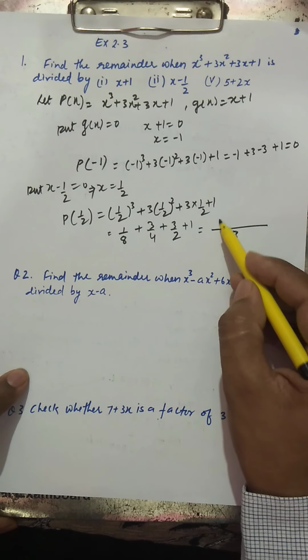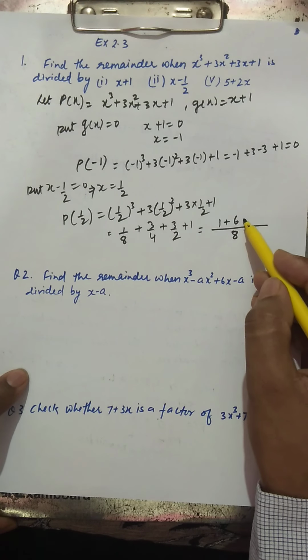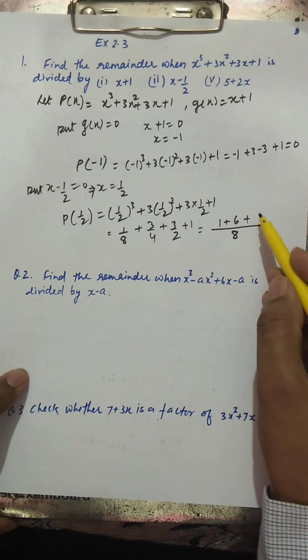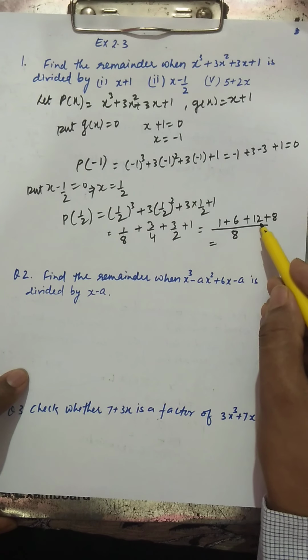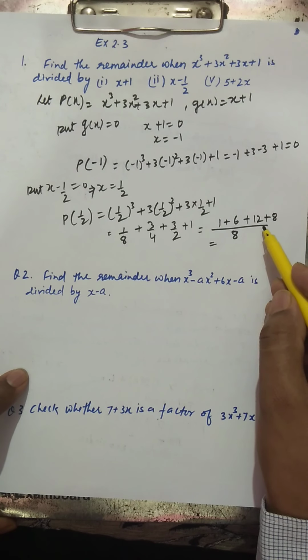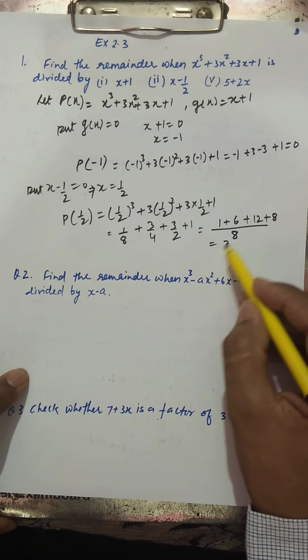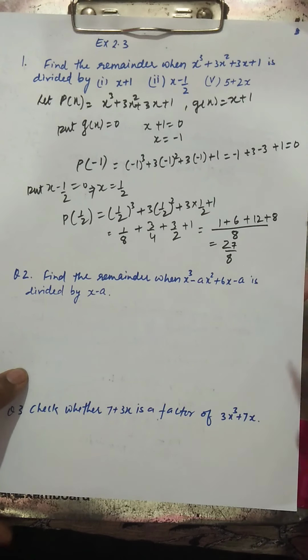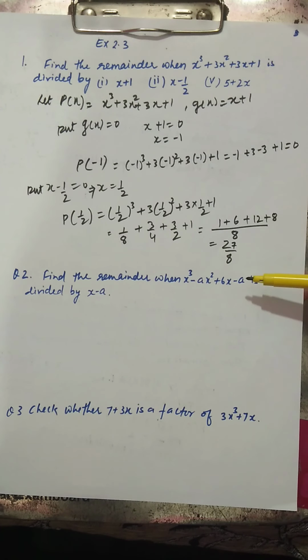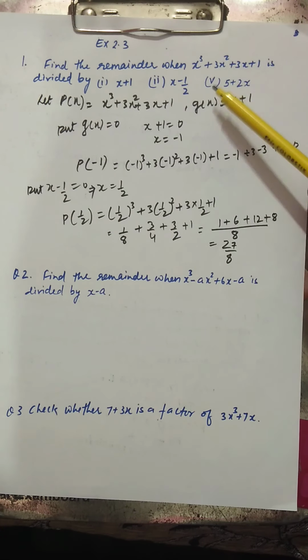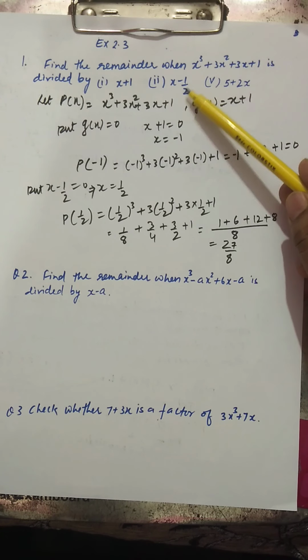So 8 is the LCM. Then this is 1 plus 3 2 is 6, then 4 3 is 12, and then plus 8. So your answer is going to be 6 plus 12 plus 8 plus 1, which is 27 by 8. So you can see the remainder will be 27 by 8 when you divide this polynomial p(x) by x minus 1 by 2.